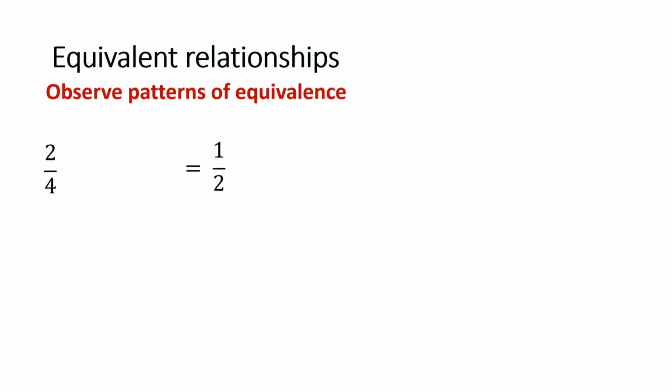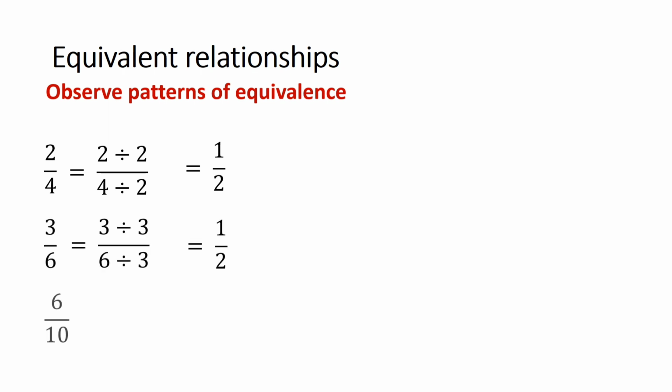It has reduced. So we can ask the students, what number do I divide 2 by to give me 1? And what number do I divide 4 by to give me 2? After providing the answer, the same situation is applied to the other examples.